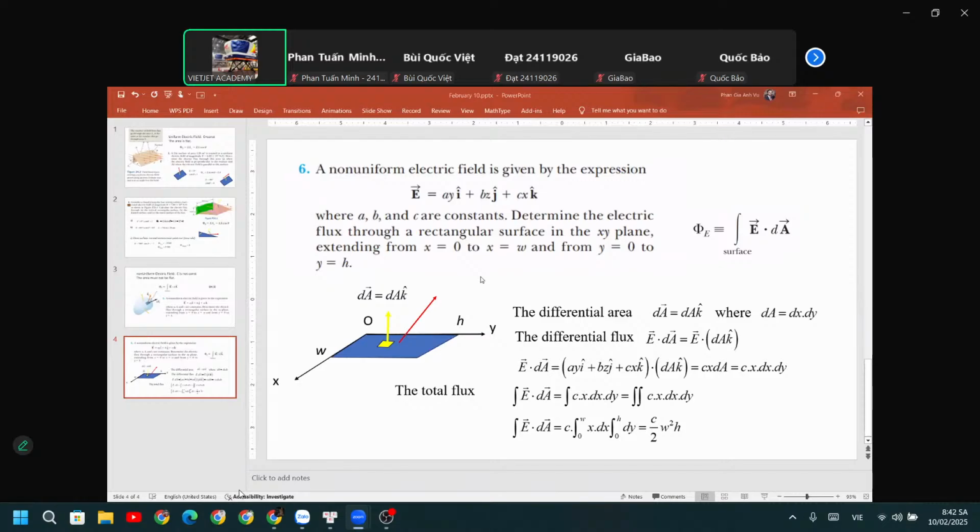Now let's say we would like to calculate the electric flux through a closed surface, but in which we have a very special surface. Let's say the sphere, the cylinder, and so on.